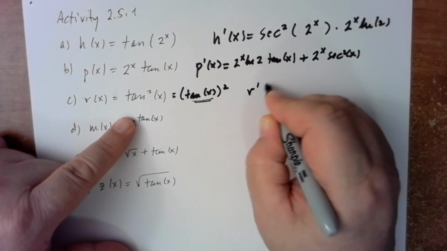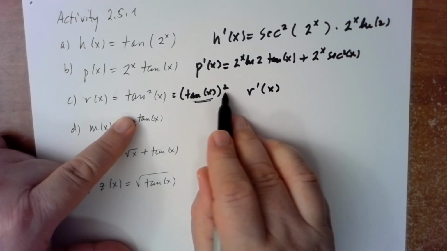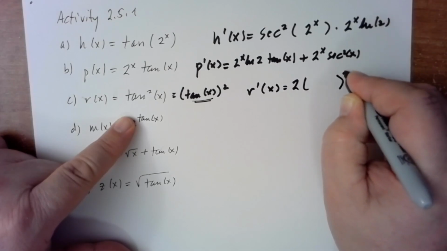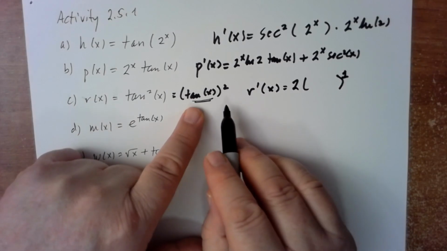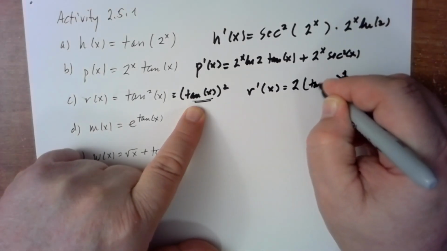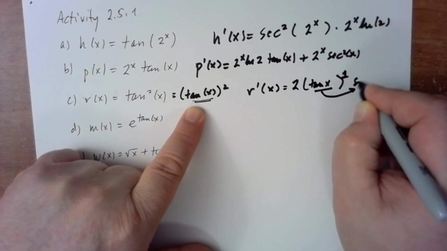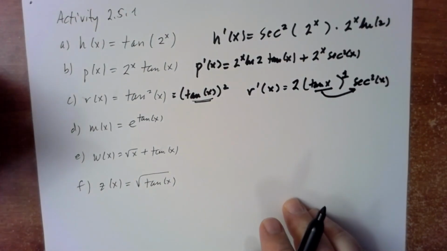And so when we take r prime of x, the derivative of something squared is going to be 2 times that something to the 1 power, right? And then you put in your inside function, so that's going to be the tangent of x. And then we multiply by the derivative of tangent, which is our secant squared. Good.